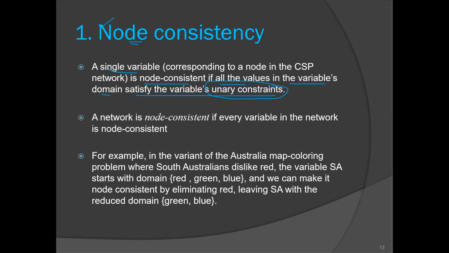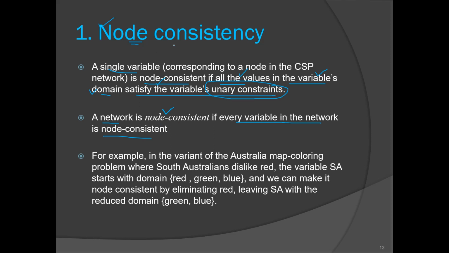If all the values in the variable's domain satisfy the unary constraint, then that variable is node consistent. And in a network, if every variable is node consistent, then the entire network is node consistent.